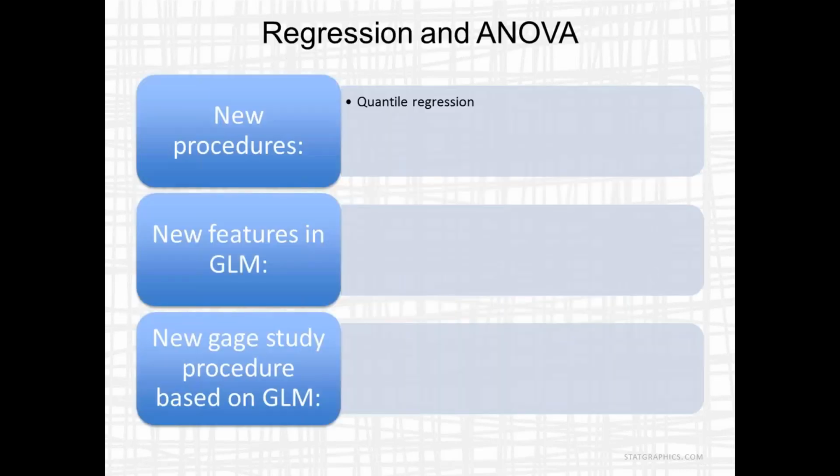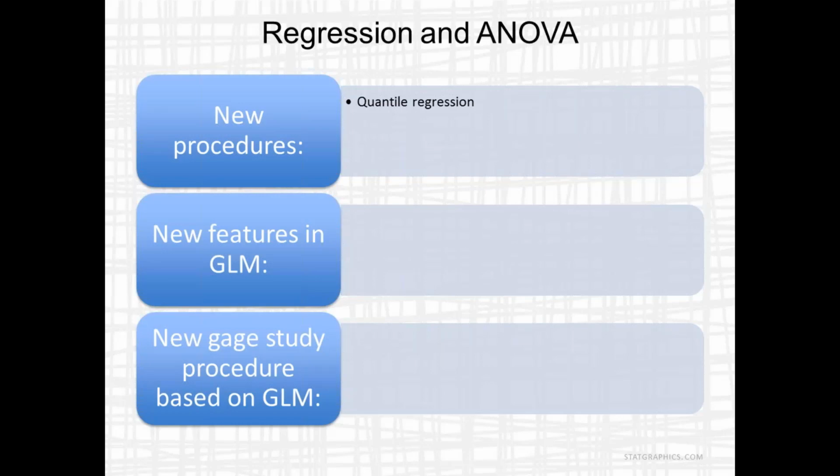Another area of Statgraphics which is quite extensive is the sections on regression and analysis of variance. Seems like every time we come out with a new version, we add a few more features in those particular sections. In version 19, some of the new things we've added, well, first off, we've added something called a quantile regression. You know, typically when you're fitting a regression model, you're modeling the mean of the dependent variable.